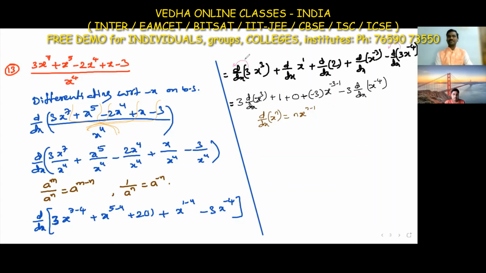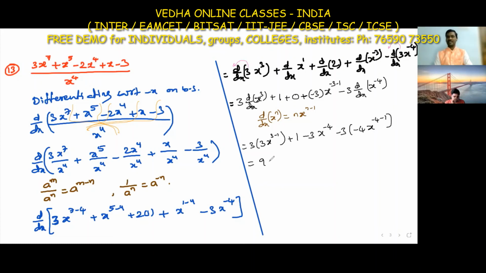So if we simplify and apply the formula, 3 into x to the power 3 minus 1, plus 1 as it is, minus 3 into minus 4, x power minus 4 minus 1.